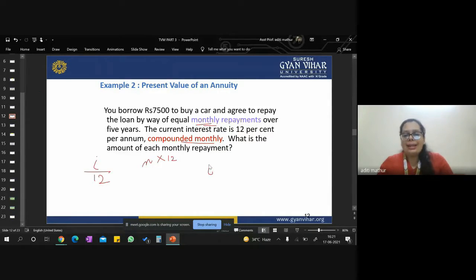So the final I is equal to 12% divided by 12, which is 1%, also written as 0.01. And your final N is going to be 5 into 12, that is 60 periods, right?